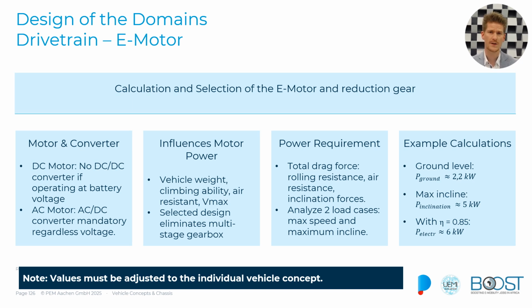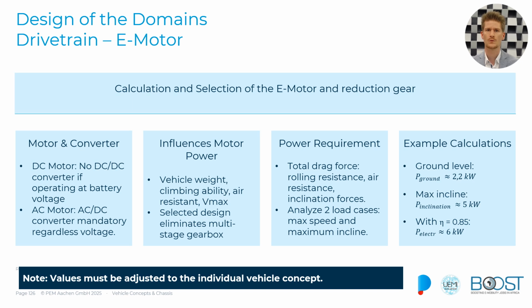So if we do that, we can calculate our required drive power of 2.2 kilowatts at this point, and the required drive power for the inclination is something that we have with 5 kilowatts.